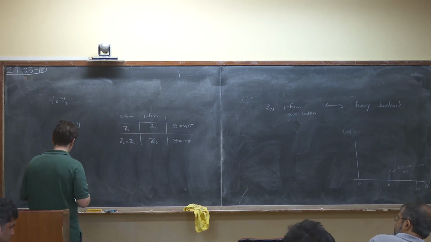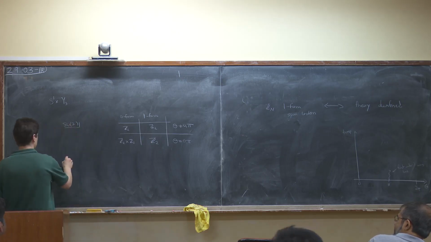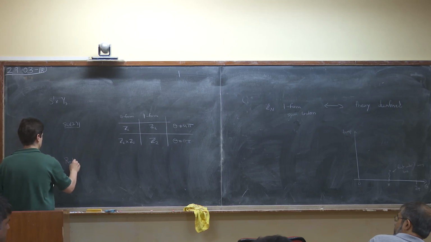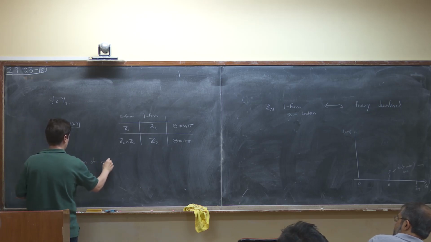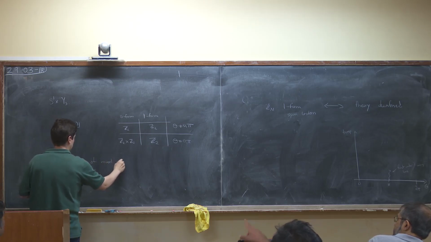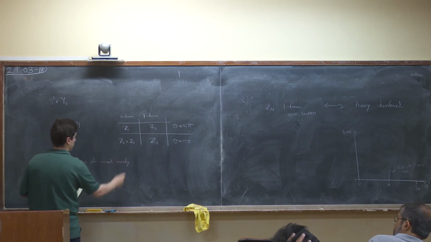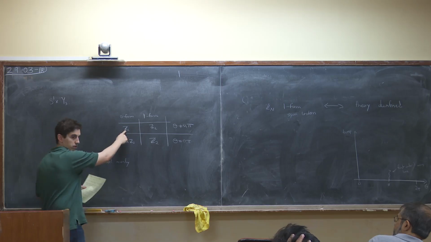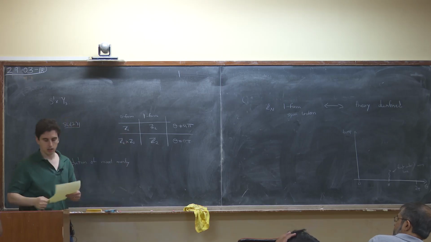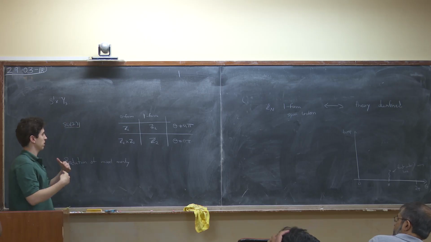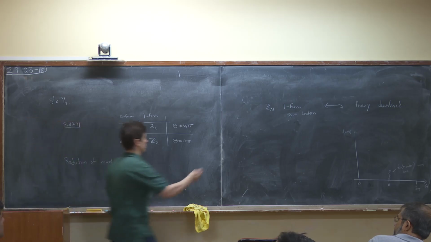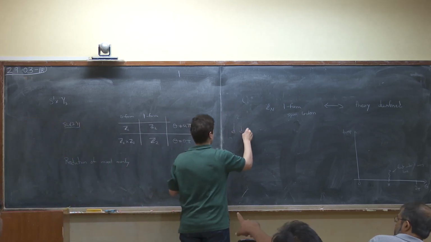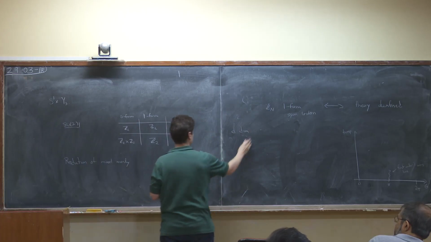And what does this mixed anomaly look like? If you have in 4D a Z2 one-form symmetry, more generally in D dimensions. Well, this is 3D. Yes, these are 3D symmetries.